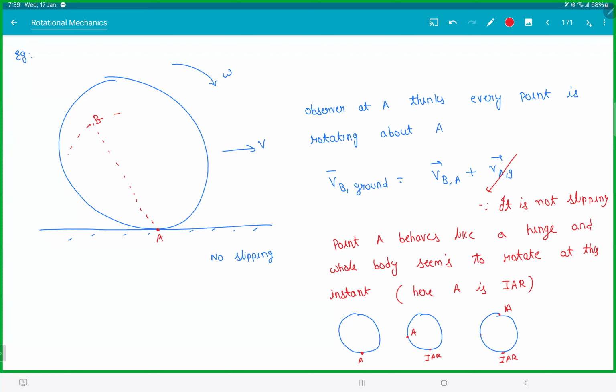It is not point A. This is the reason we said you can't take torque about that point, because that point is actually accelerating. The point on the ground is IAR, it is not A, so A can move. So different points become IAR at different times. Points in contact with the ground become IAR. So IAR is not a fixed point.